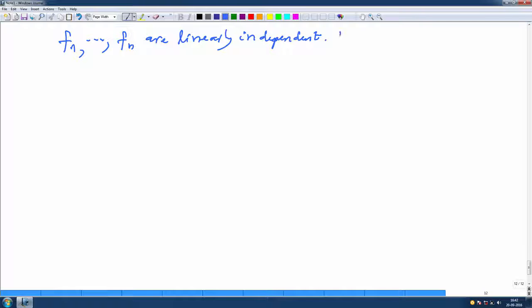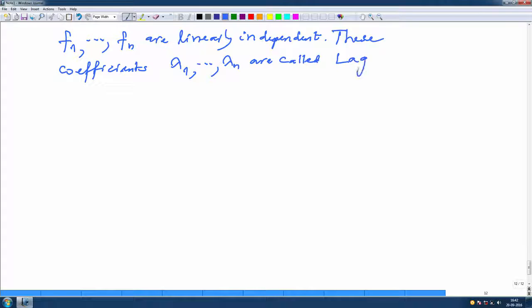These coefficients lambda 1 to lambda n are called Lagrange multipliers of f, because they are uniquely determined by f.